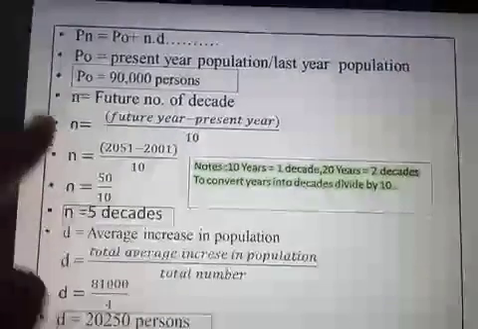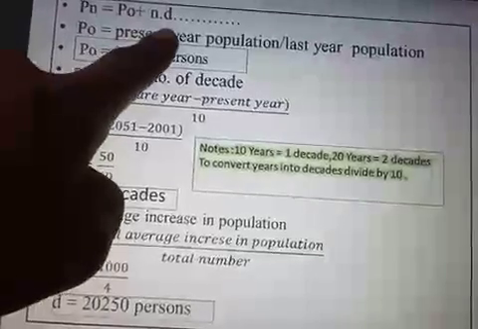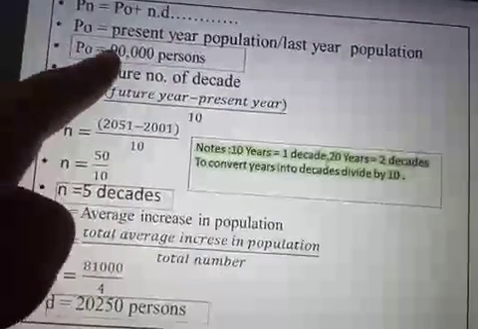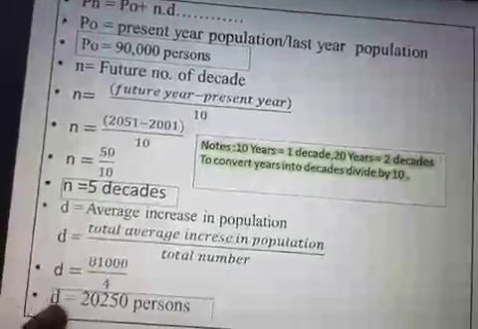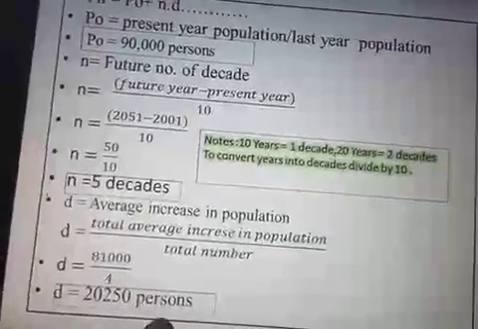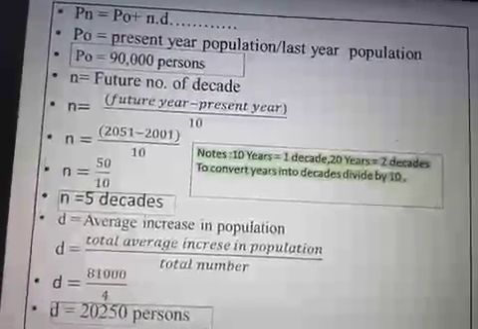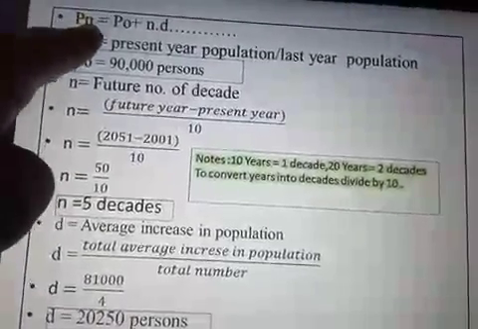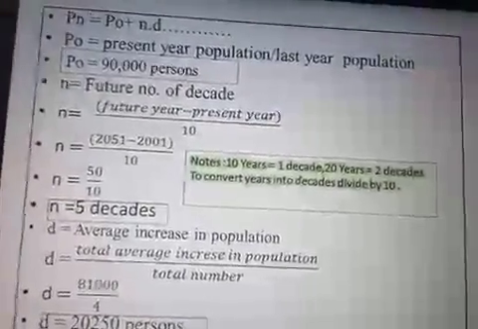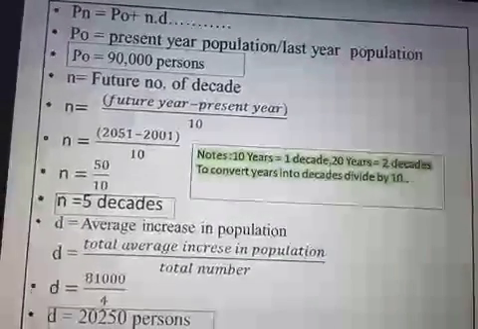Now our formula is Pn equal to P0 plus nd. P0 is 90,000, n is 5 decades, and d is 20,250 persons. We have all components or parameters here. Only put these values into this formula and calculate the future population after the nth decade.